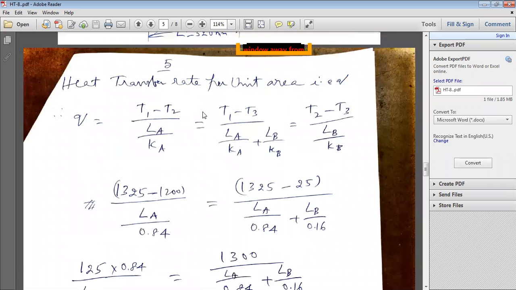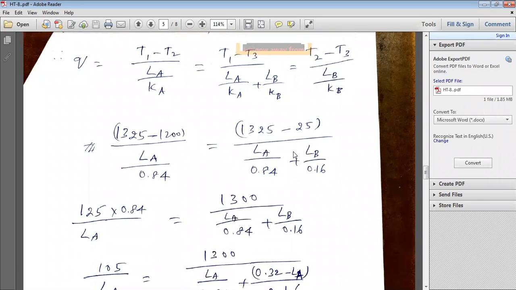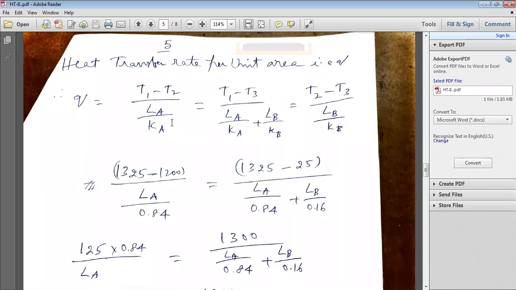So T1 1325 minus T2 1200 divided by LA by 0.84 is equal to T1 1325 minus T3 25 divided by LA by 0.84 plus LB by 0.16.